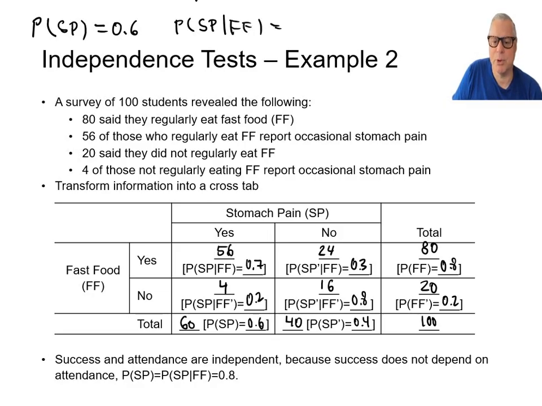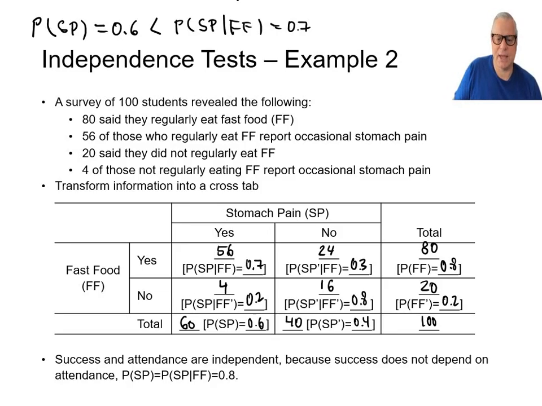Well, that is 0.7. And so that is obviously much greater. So now we have statistical evidence in favor of supporting the idea that regular fast food consumption increases the likelihood of somebody having stomach pain. Right.